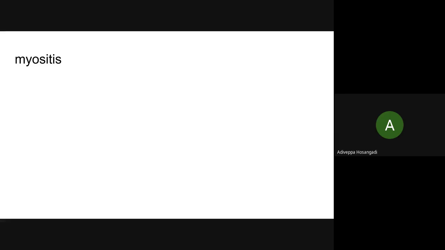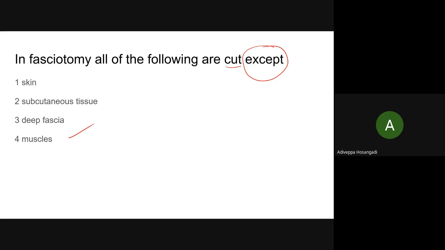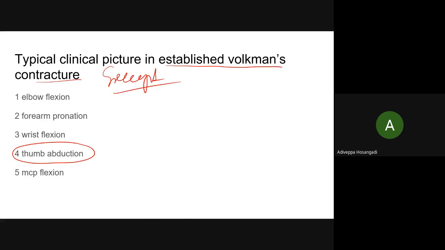Okay, myositis we will cover later. Some more things about fascia, and Volkmann's ischemic contracture, I will tell. Management of Volkmann's ischemic contracture I will tell. Max Page is an operation which is done. See what happens in Volkmann's ischemic contracture. The muscles lose flexibility.